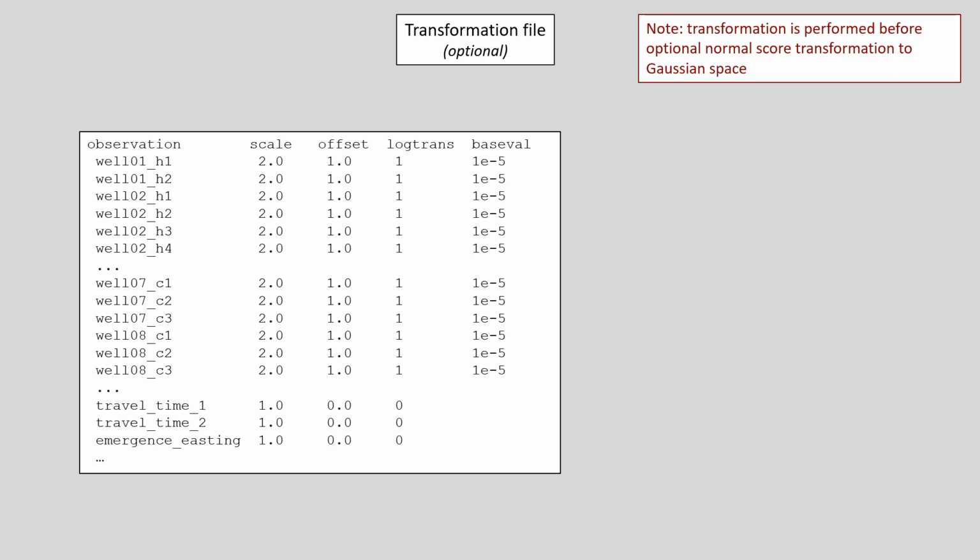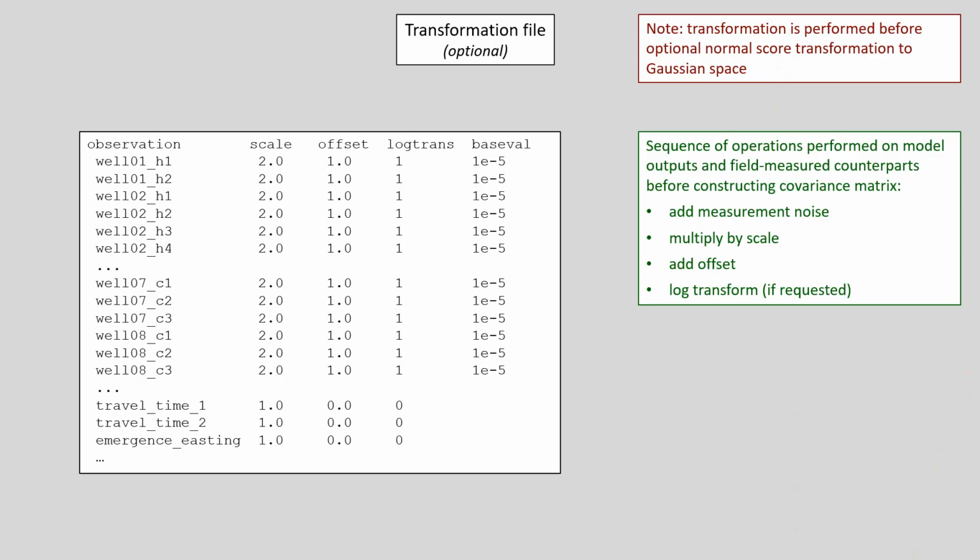This simple transformation is done before the normal score transformation, which is nearly always recommended practice to implement. So if we do the transformation, it can be different for every observation.